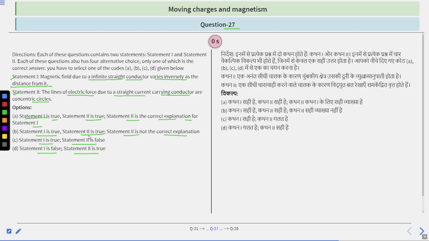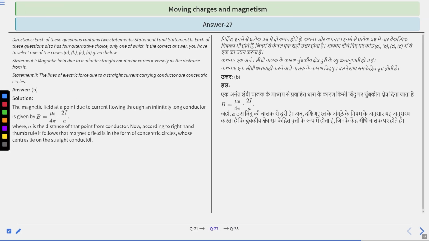Let's find a solution. Statement first is this, statement second is this. Magnetic field due to an infinite straight conductor varies inversely as distance from it. And statement second, the lines of electric force due to a straight current carrying conductor are concentric circles.